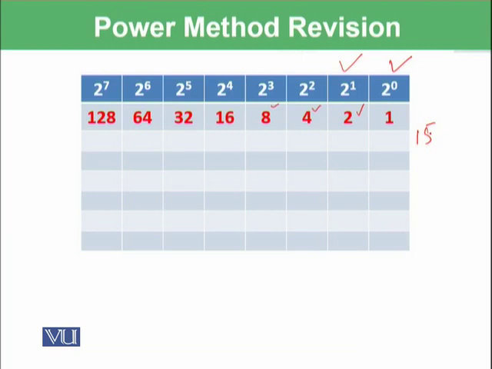To represent 15, you just put 1 on those slots which can make 15. You know that 8 plus 4 is 12, plus 2 is 14, plus 1 is 15, and put zeros in all of the other locations. This gives you 15.